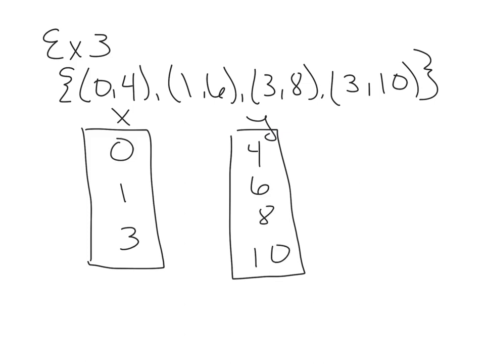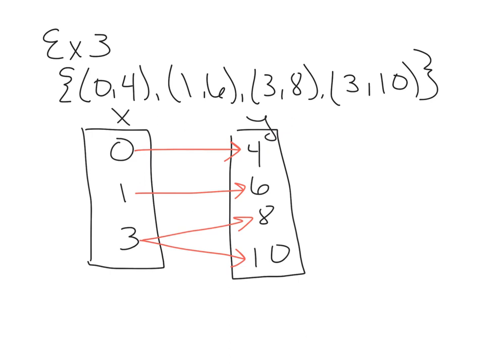Now, how do they match up? 0 matches up to 4, 1 matches up to 6, 3 matches up to 8, 3 also matches up to 10. The definition of a function is every x value has exactly one y value. Well, this is a problem here because this x is being mapped to two different y's.